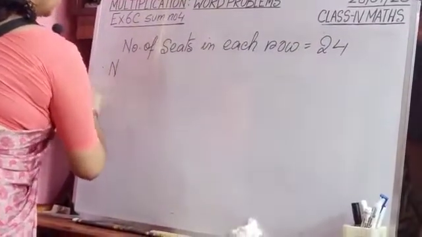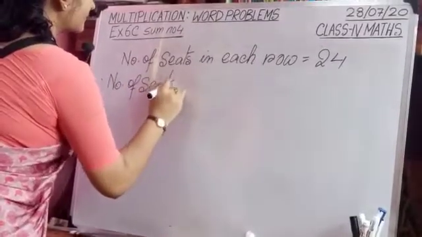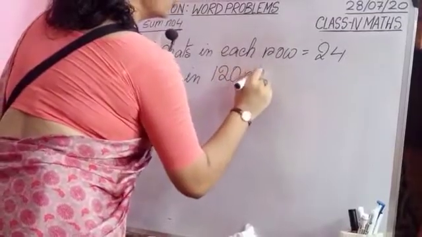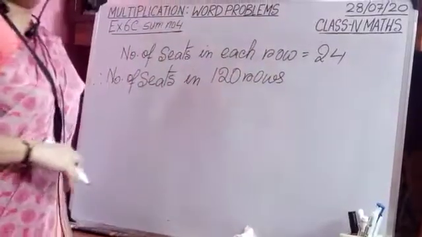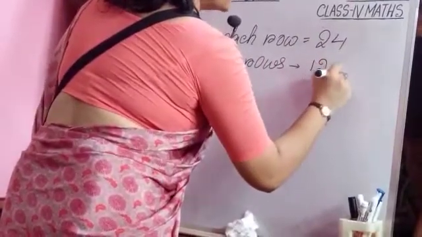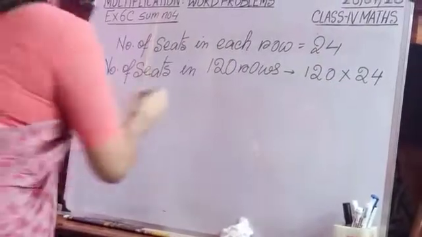Therefore, number of seats in 120 rows. What to do? I have already told you. It's 120 times 24, right?